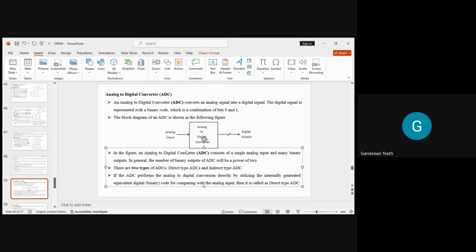In the figure, an analog to digital converter, ADC, consists of a single analog input and many binary outputs. There are two types of ADC, direct and indirect.